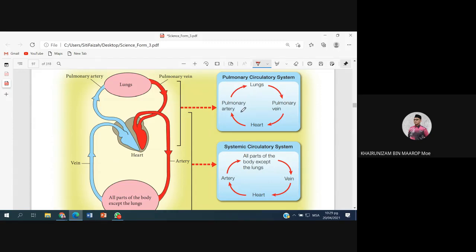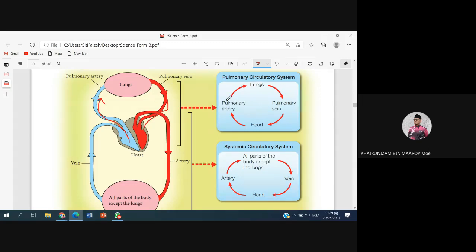When the blood goes out from the heart through the pulmonary artery to the lung and then enters the heart again through the pulmonary vein.